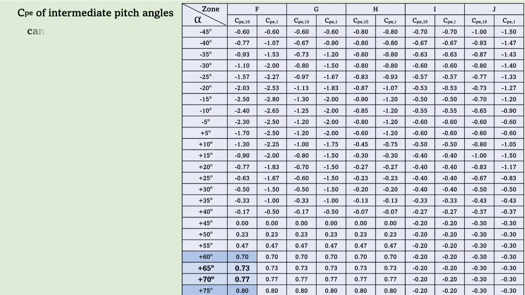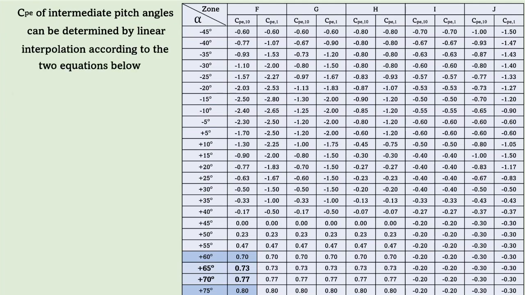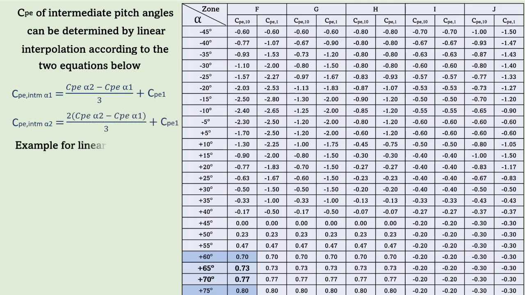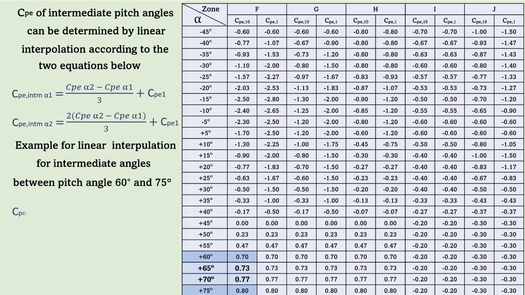Cpe of intermediate pitch angles can be determined by linear interpolation according to the two equations below. First equation, to determine Cpe of the first intermediate angle. Second equation, to determine Cpe of the second intermediate angle. Here is an example of linear interpolation for intermediate angles between 60 and 75 degrees.